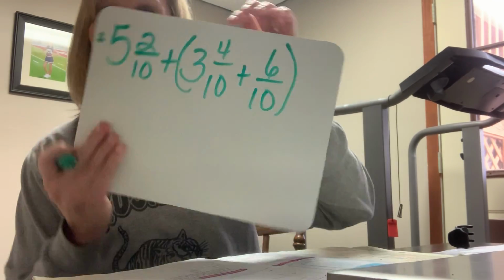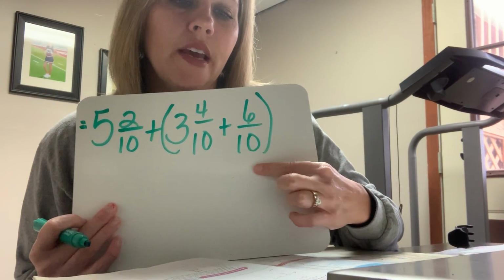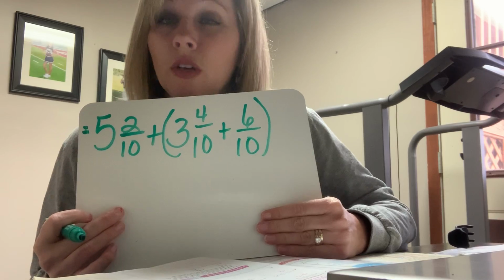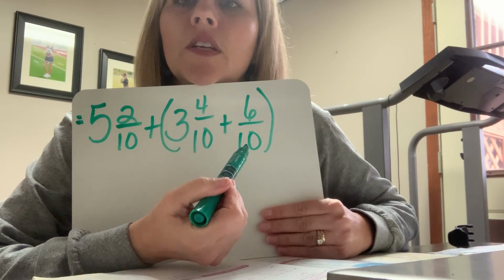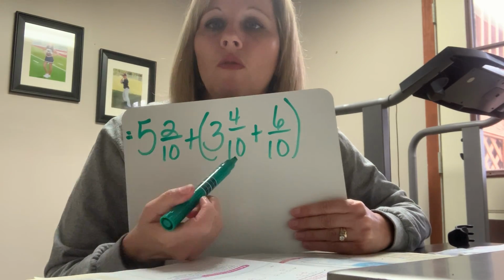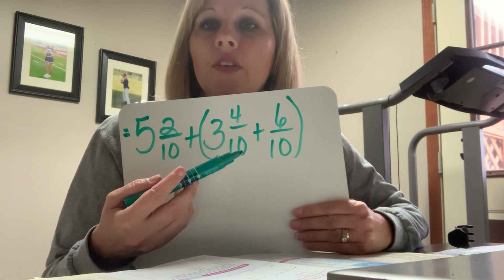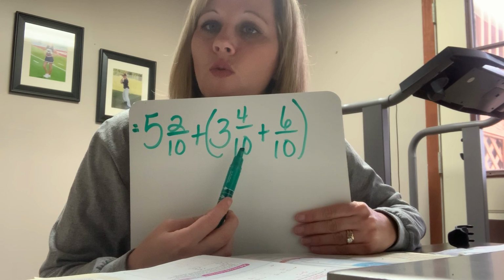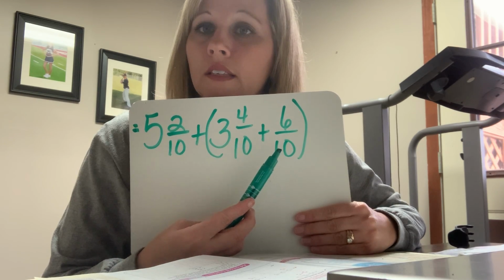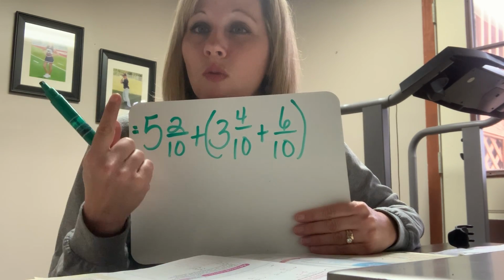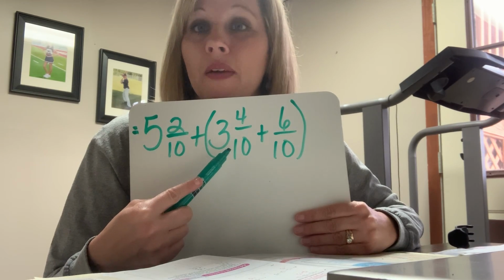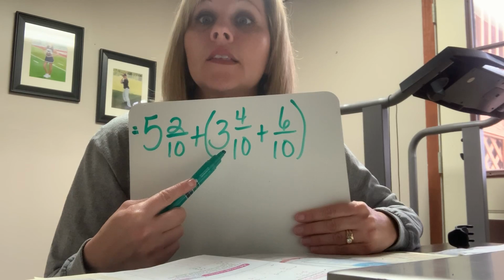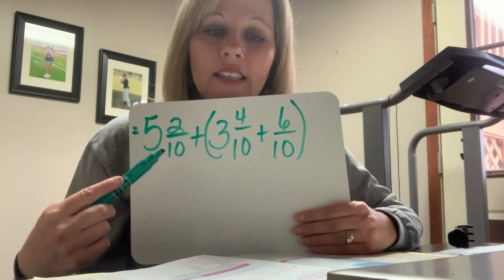The reason they're doing this, guys, is because they want this fraction and this fraction to give you a whole. So 4/10 plus 6/10 gives you 10/10, and it equals 1. Then they add that 1 to the 3 to give me 4. See it, guys? And then they add it to this.